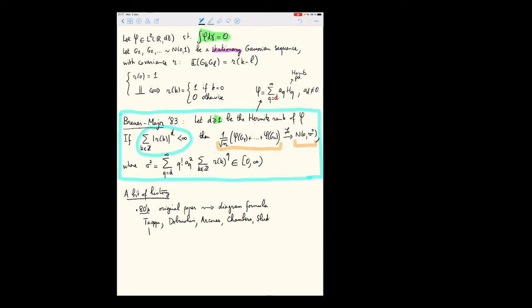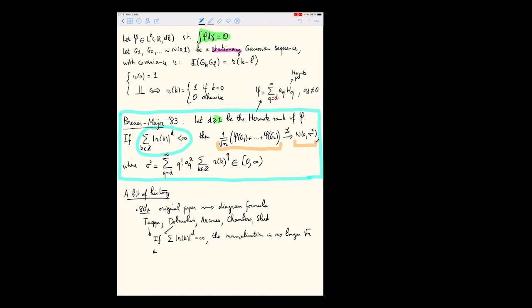Taqqu and others also showed that in the Breuer-Major theorem, this condition is sufficient but somehow also necessary, because in the case where this sum is infinite, the normalization is no longer square root of n.